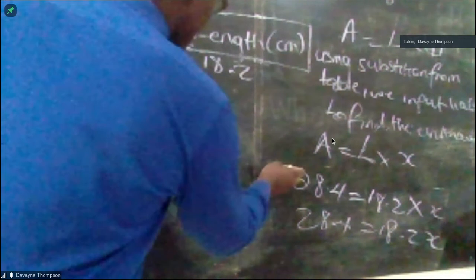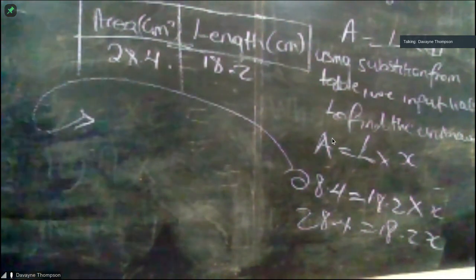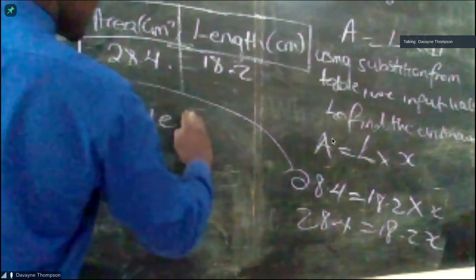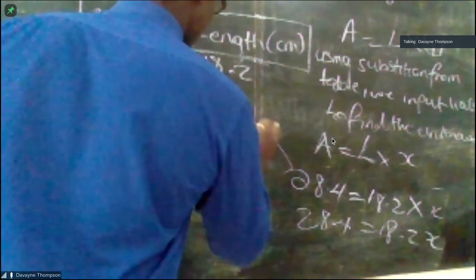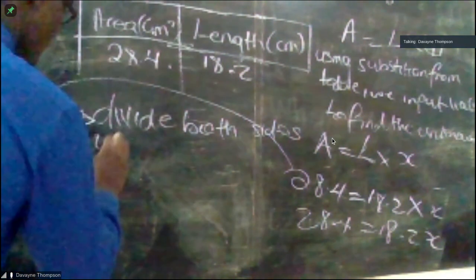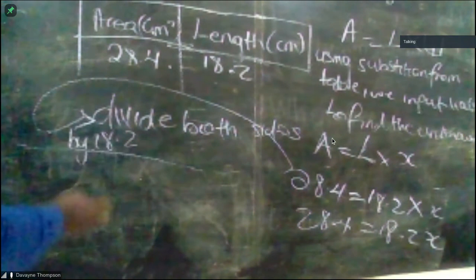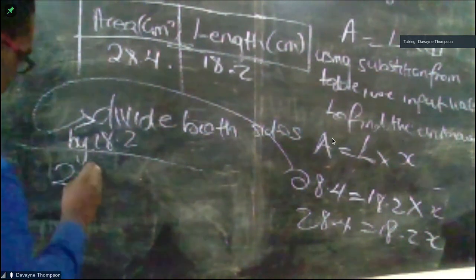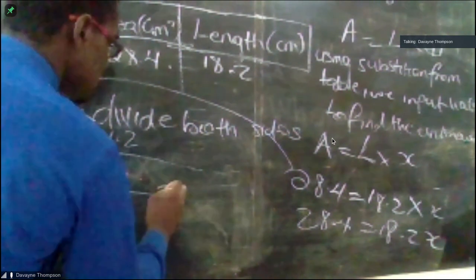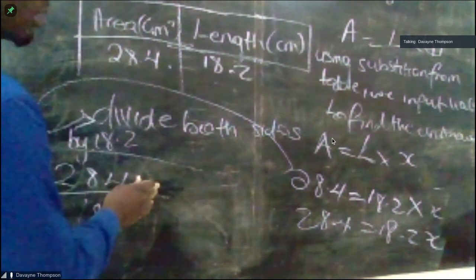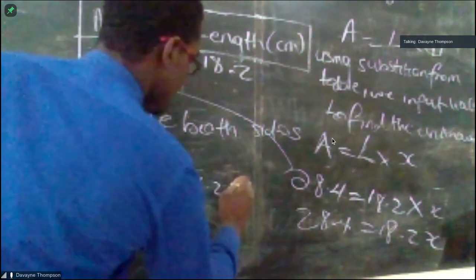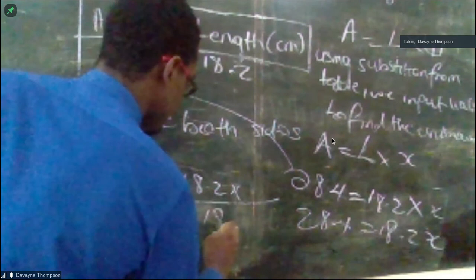Right. So let's put it here. Divide both sides by 18.2. Let's do that. We're going to have 28.4 divided by 18.2 is equal to 18.2X divided by 18.2.